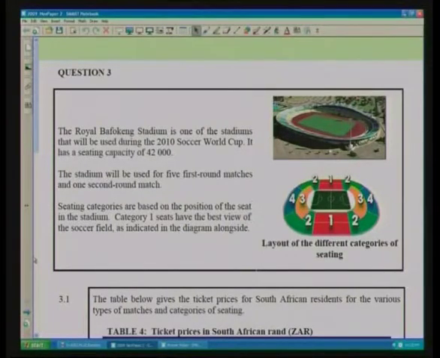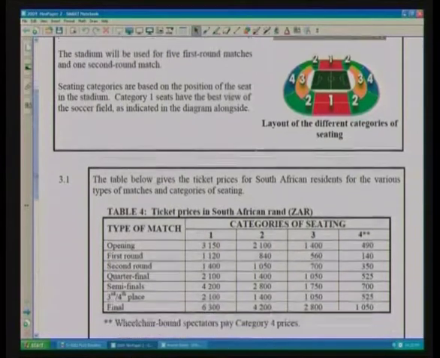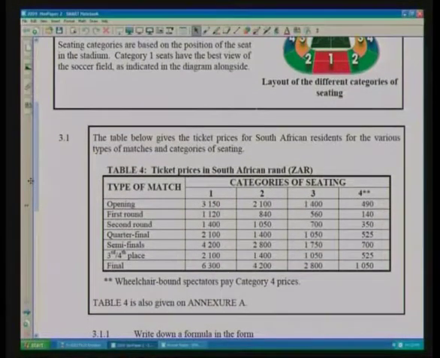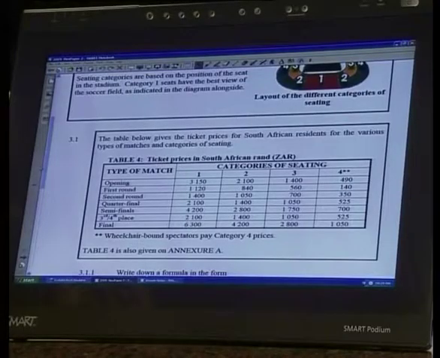Let's have a look at the question. 3.1 gives us a table, and it says that the table below gives the ticket prices for South African residents for the various types of matches and categories of seating. You can see that we've got the type of match on the left-hand column, and then the different categories are listed there from category 1, 2, 3 up to 4. The 2 stars there indicate that these are wheelchair-bound spectators that pay for those tickets only.